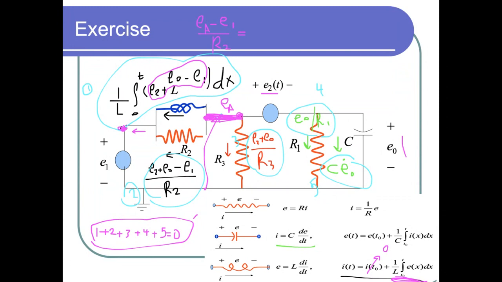EA is simply E2 plus E0. Then you have minus E1 over R2. Right? Because the voltage here is simply the sum of the voltages on the right up to the ground. Yes, I get it now. Yes. Okay. Thank you. Any other questions?